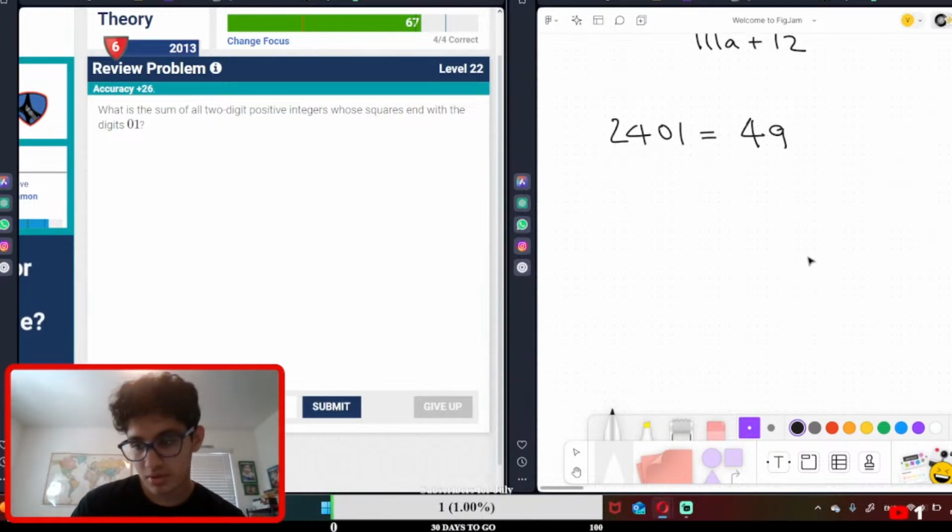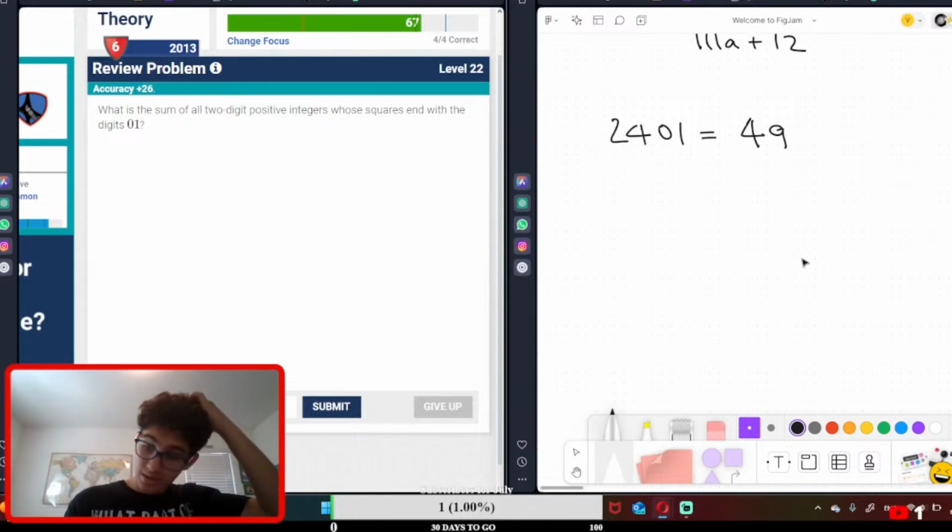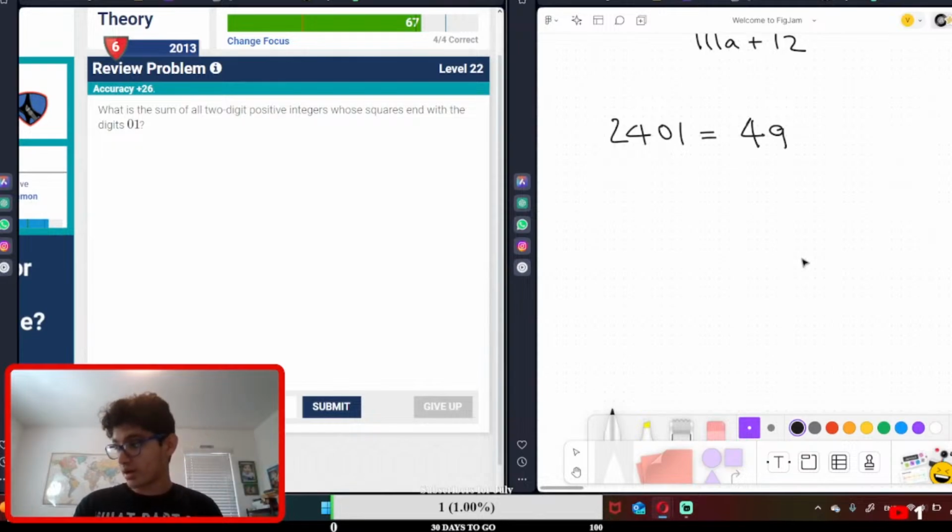Which is 7 to the fourth. But in general, like 29 won't have the same thing. So it'll have to end in either a 1 or a 9.